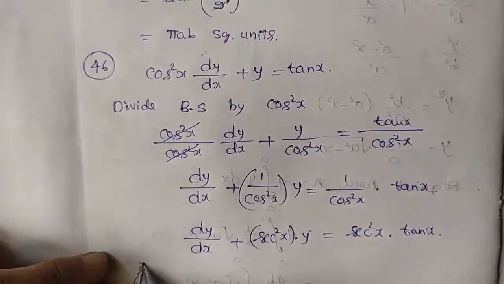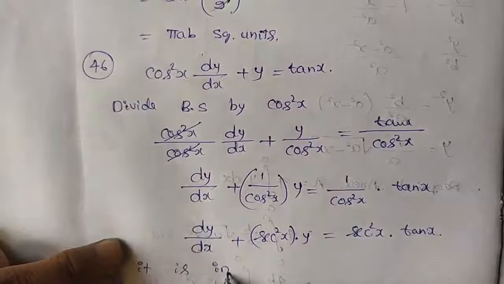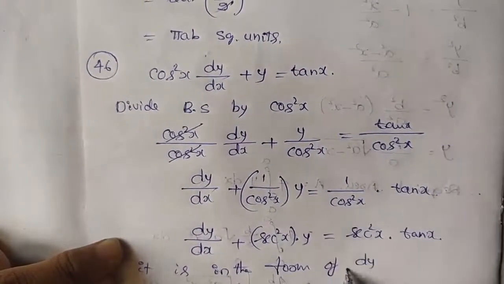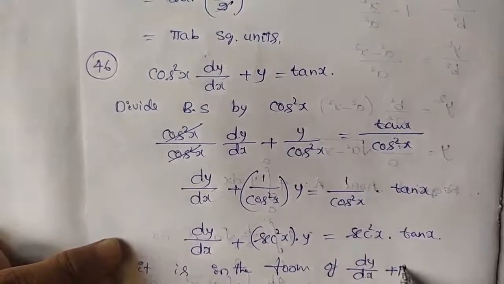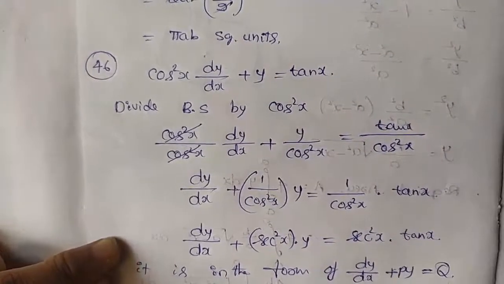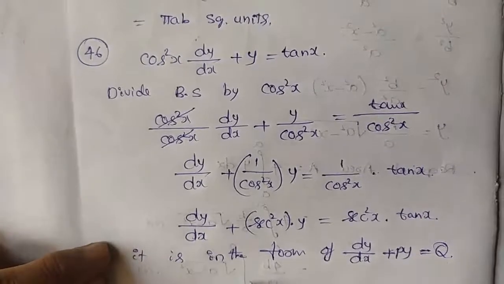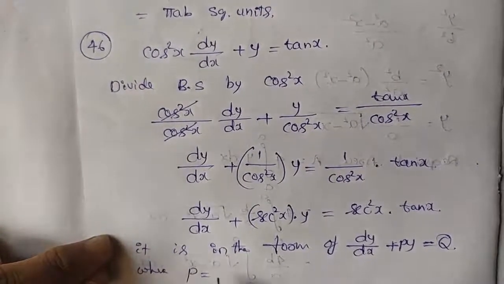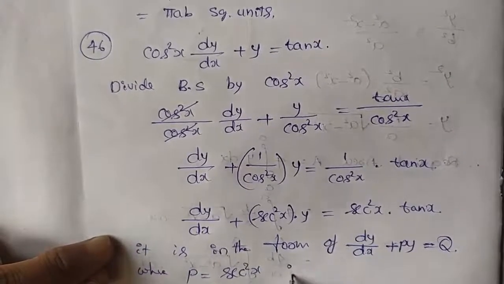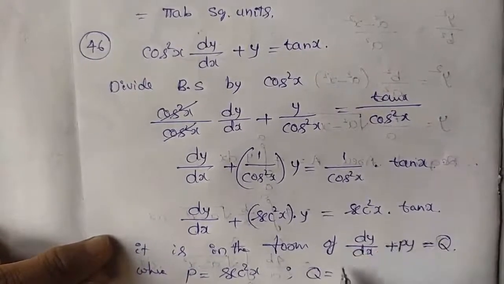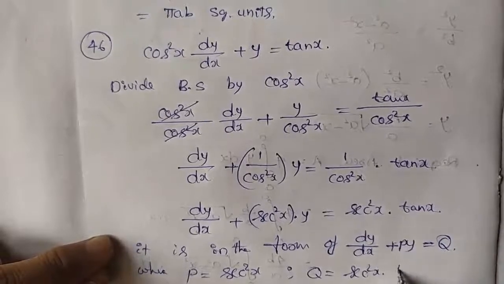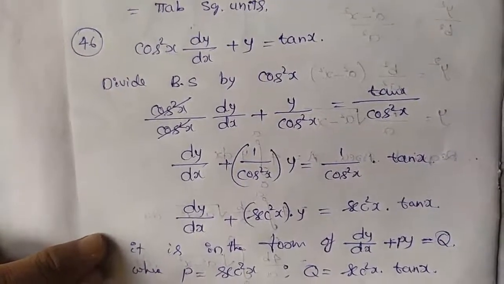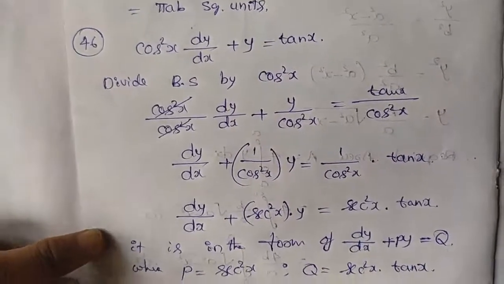Now it is in the form of dy by dx plus py equals to q, where p equals to secant square x and q equals to secant square x into tan x. Now find out the integrating factor.